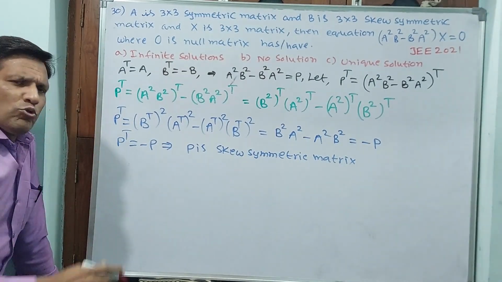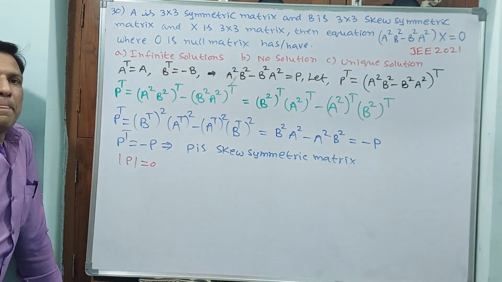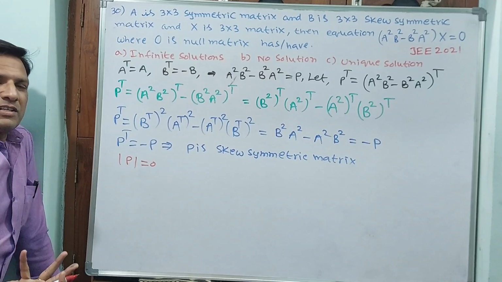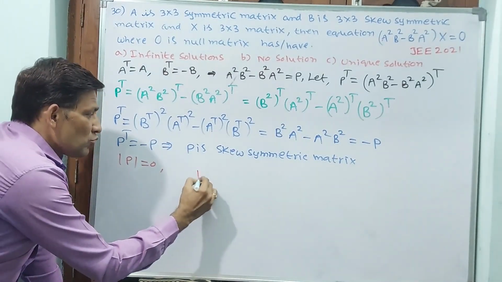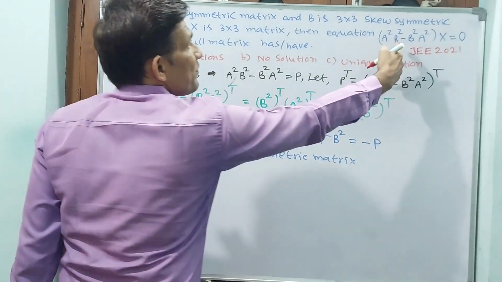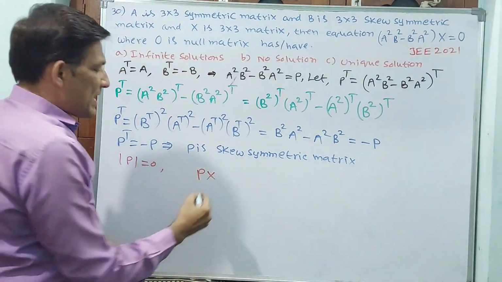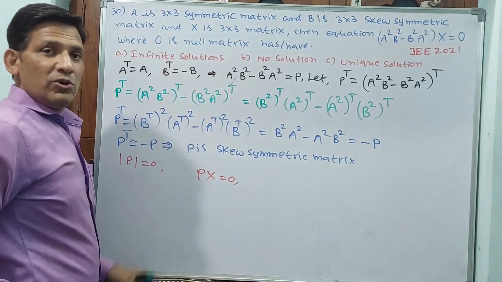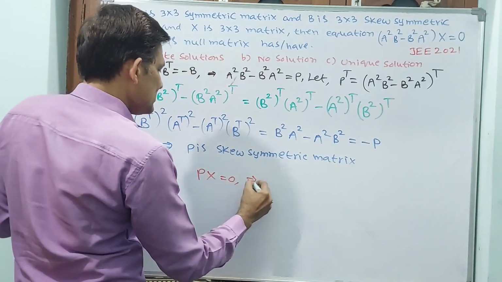Every skew symmetric matrix has determinant equal to 0. Understand? Every skew symmetric matrix has determinant equal to 0. With a skew symmetric matrix, this is P. If you multiply a skew symmetric matrix with any matrix and equate it to 0, then this equation has infinite solutions.